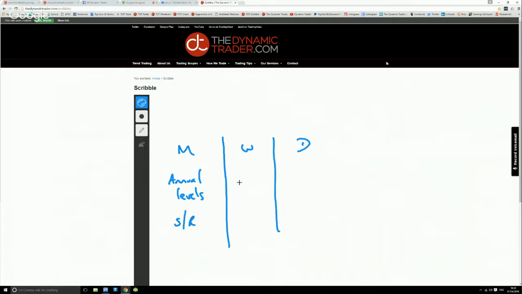So support and resistance. Here I'm looking at the weekly 200 SMA, the weekly 50 SMA, and I'm looking at the Donchian 52. Daily, I'm looking at also the 200 SMA, the 50 SMA, all right? And then I'm looking for a breakout beyond Donchian 52.